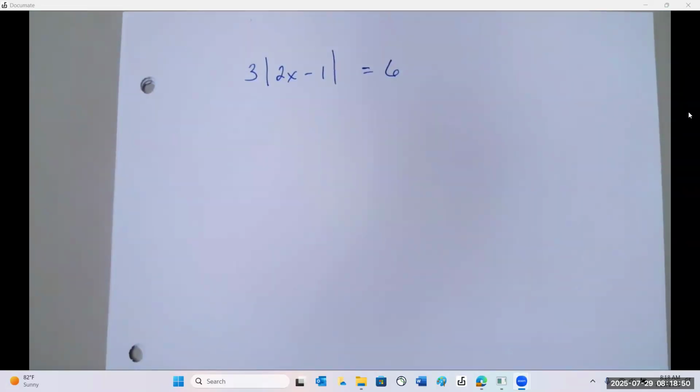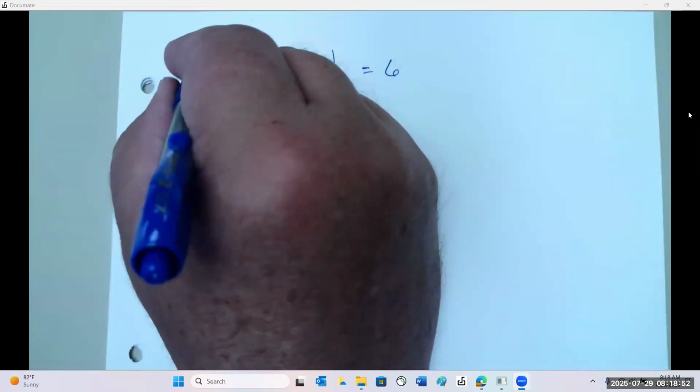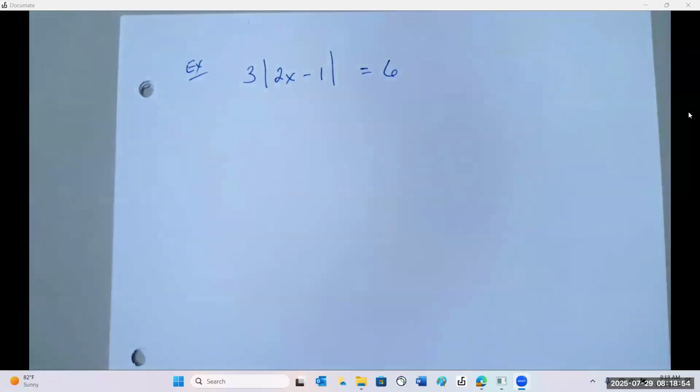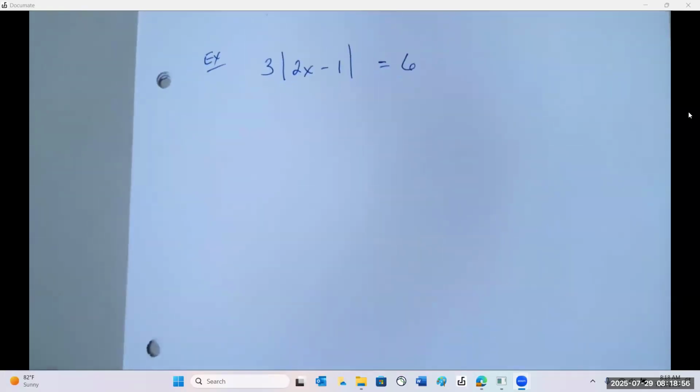What's my first step in this example? What is it? What does it mean? What do I do? How do I do that?